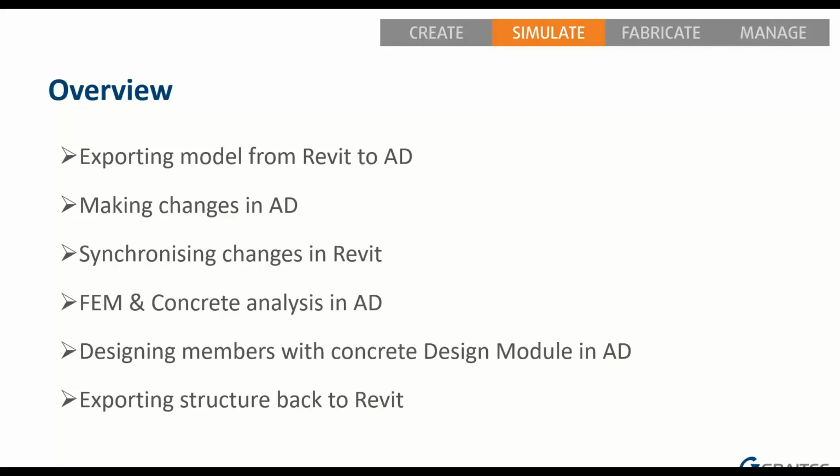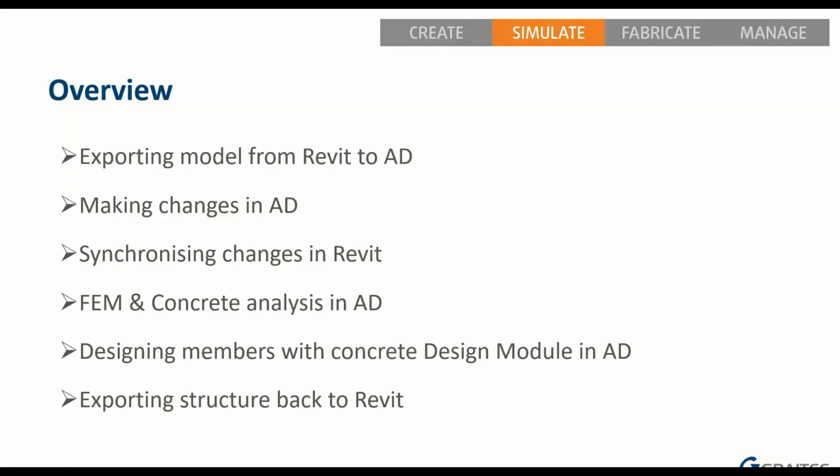Once we've done that, we will then go back to Advanced Design and perform a finite element analysis along with a concrete analysis in Advanced Design. This will then allow us to open and design the elements using the design module in Advanced Design. So in Advanced Design, with the design module, we'll be able to design the reinforcement on some of the elements.